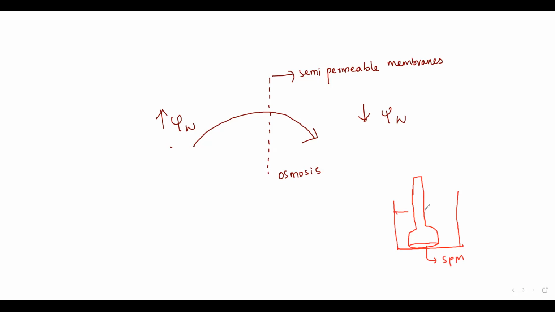This beaker is filled with water, and the thistle funnel is filled with sugar solution. So sugar is added into the water. As you add solute, your water potential is reduced, whereas here it is only water, so the potential of the water is obviously high.